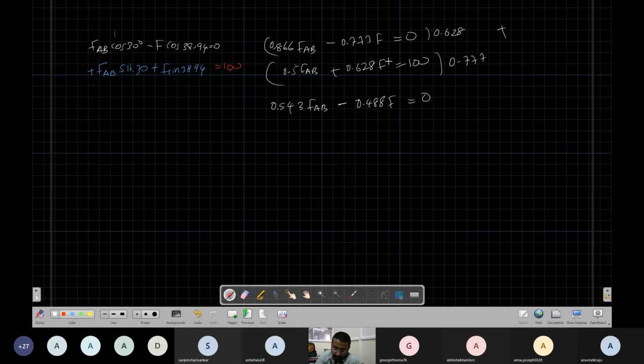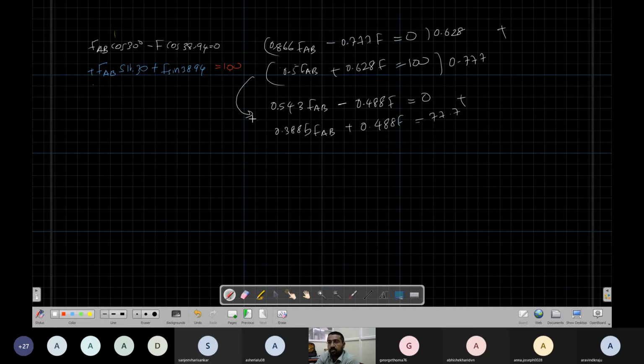Now this is 0.388 F_AB plus 0.488 F equal to 77.7.